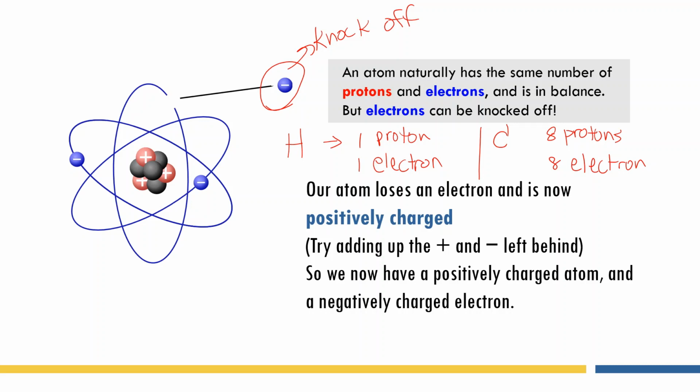So for example, if I have carbon with 8 electrons and I knock off two electrons, this carbon is going to turn into carbon 2+.